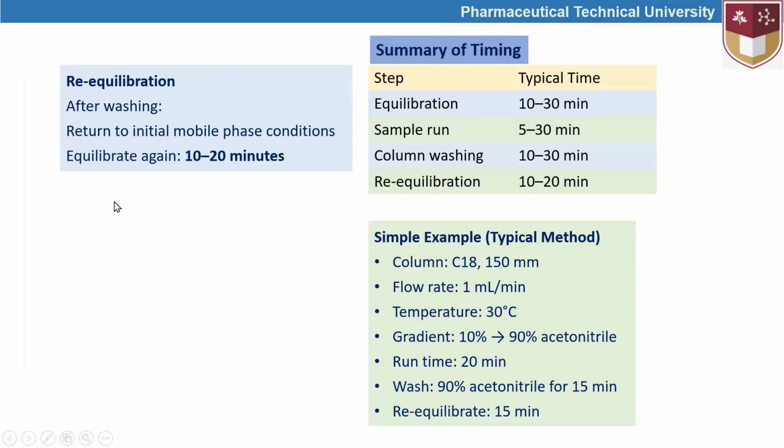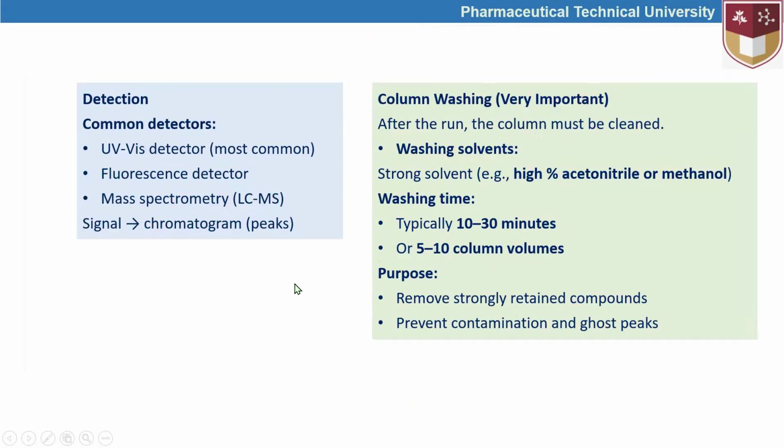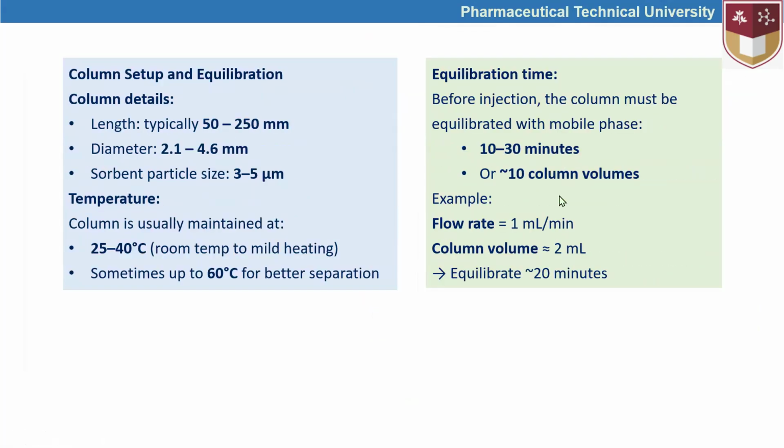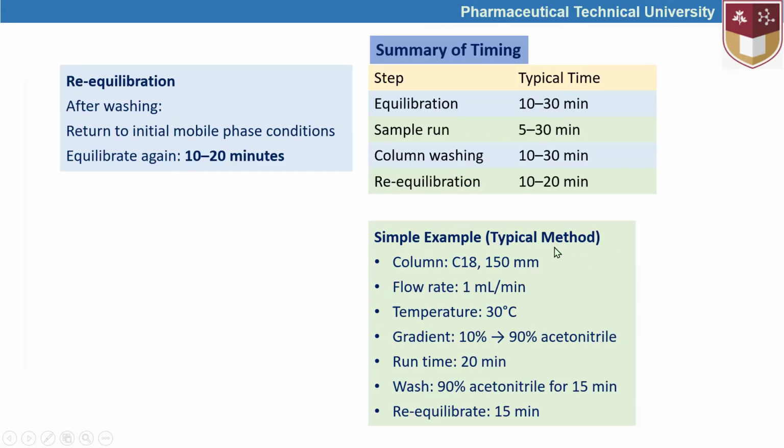Okay, now this is about the re-equilibration. After washing, re-equilibration should also be provided, which could be carried out for 10 to 20 minutes with the same eluent, flow rate, and other conditions.